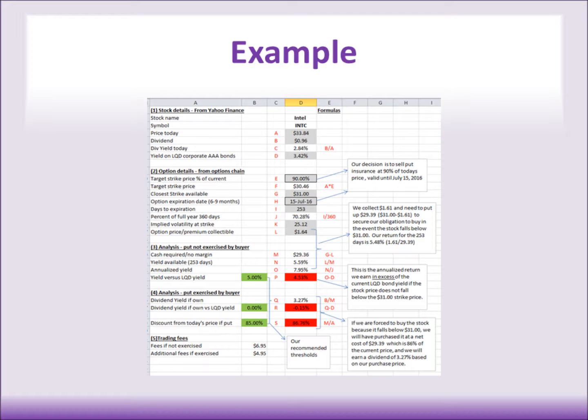My recommendations are shown by the green boxes in the spreadsheet, which are: if the trade goes in your favor, you should earn at least an annualized 5% yield greater than you would have earned on the benchmark investment grade portfolio because of the additional risk.